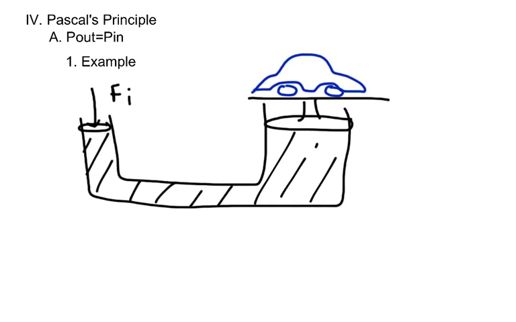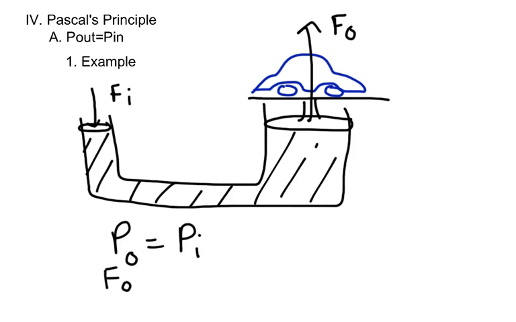And if we press fluid in on the left side, then there will be some sort of force out on the right side pressing upward on the car. Now, I know because of Pascal's principle that the pressure out is equal to the pressure in, or I could say the force out over the area out is equal to the force in over the area in.